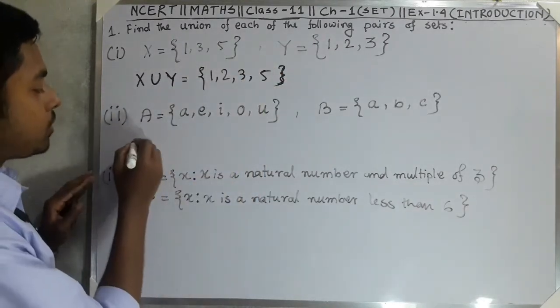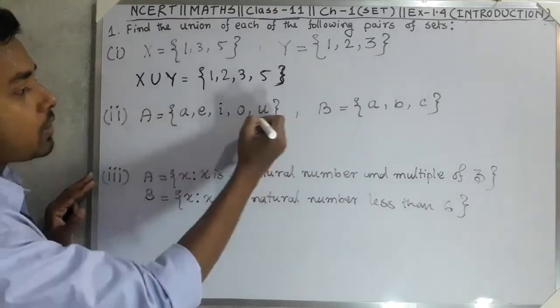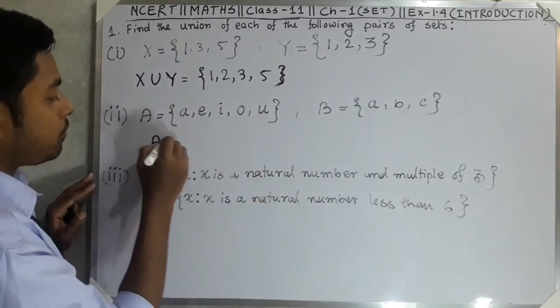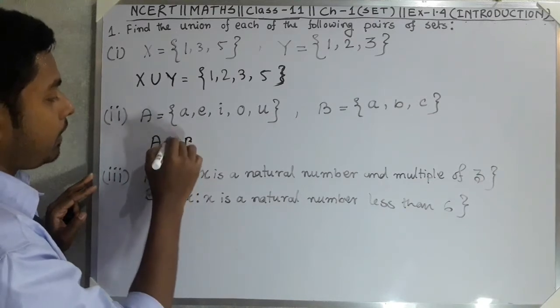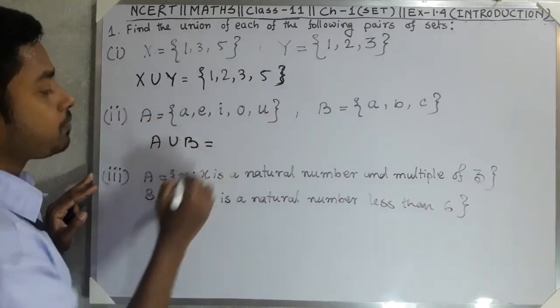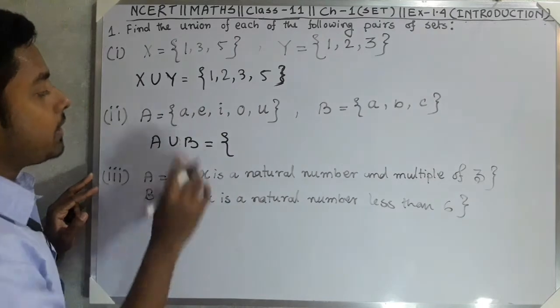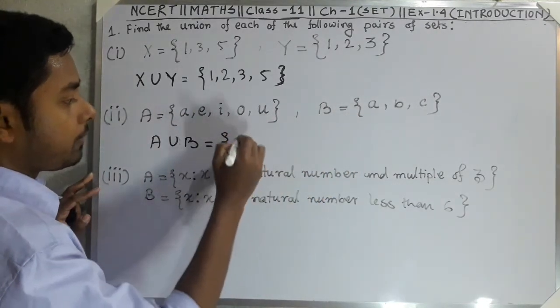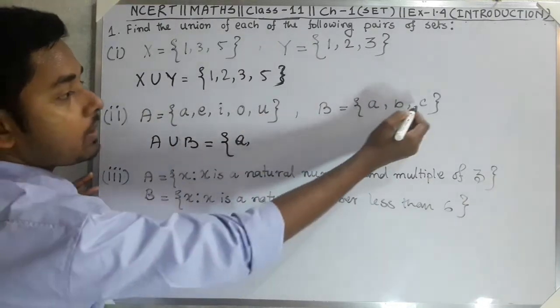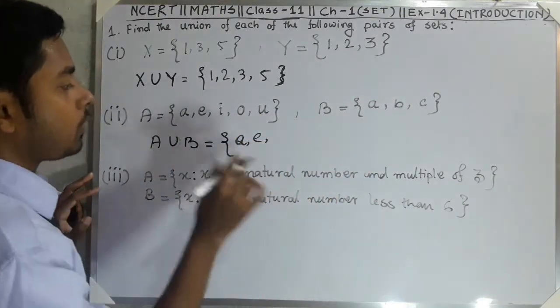Question number 2. A is equal to this one, B is equal to this one. We have to find A union B, which will be a set. A is common. E is not here, no problem.